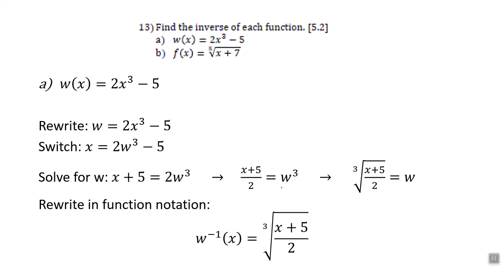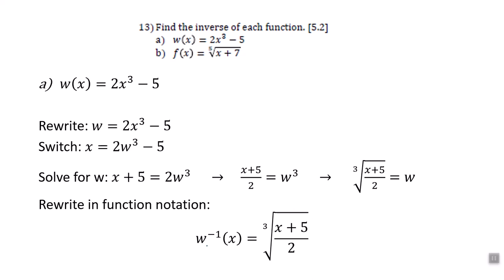And we still want to get w by itself. The opposite of to the third power is the cube root. Right? Opposite of cube is cube root. And it's the cube root of the entire left side. So cube root of x plus 5 over 2 equals w. But remember, it was given to us in function form. If we're given a function form statement of the question, we should give a function form answer.